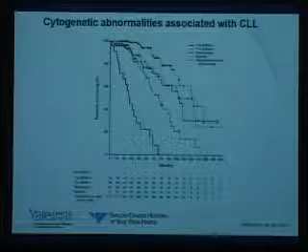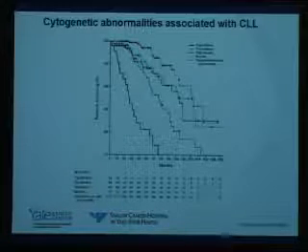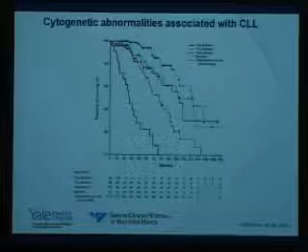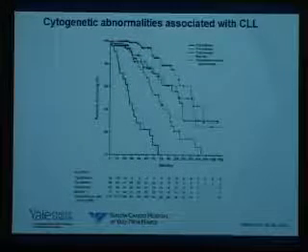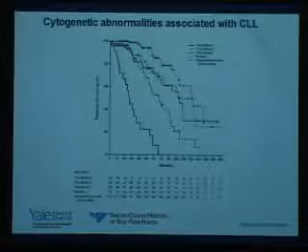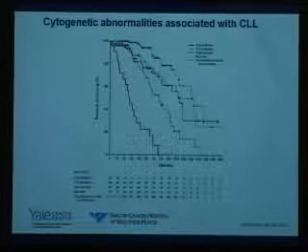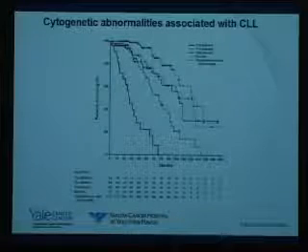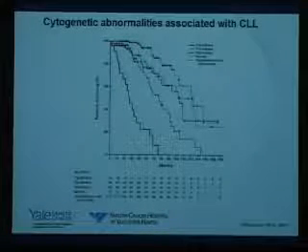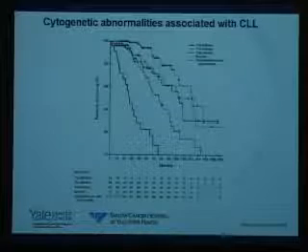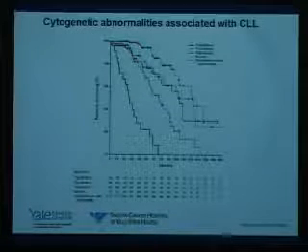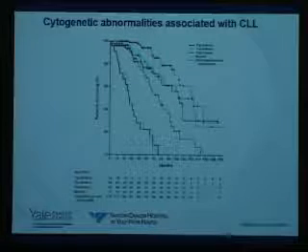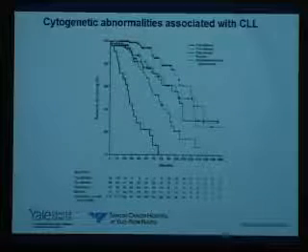From a genetic standpoint, as far as figuring out what the causes of CLL are, there are a number of cytogenetic abnormalities that are associated with the disease. And many of these have significant prognostic importance. 13q abnormalities are the most common deletions in CLL and confer a favorable prognosis with a median survival of about 10 years or more.